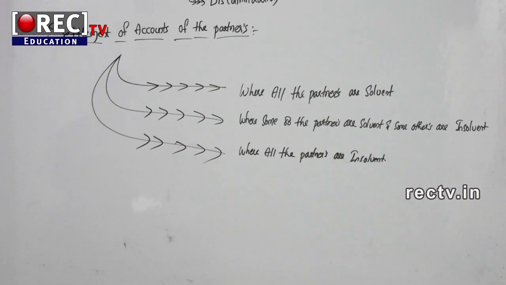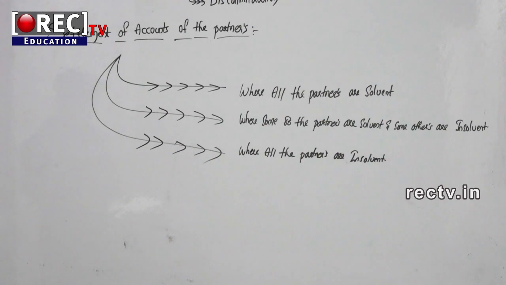The answer is, the partners may agree to share such deficiency in the profit sharing ratio or in the ratio of last agreed capitals. Last agreed capital means as decided in the Garner v. Murray case. So what is the decision in Garner v. Murray?